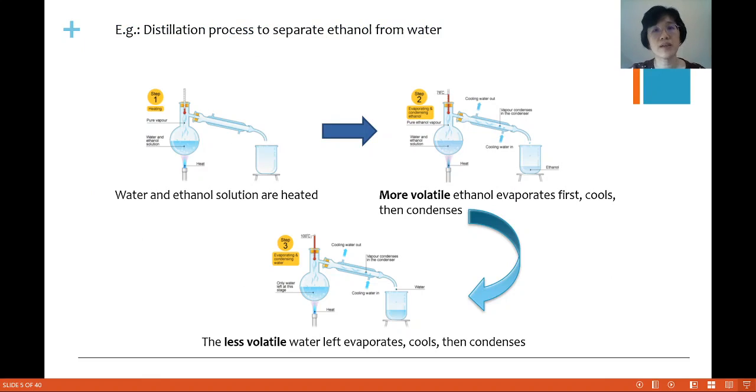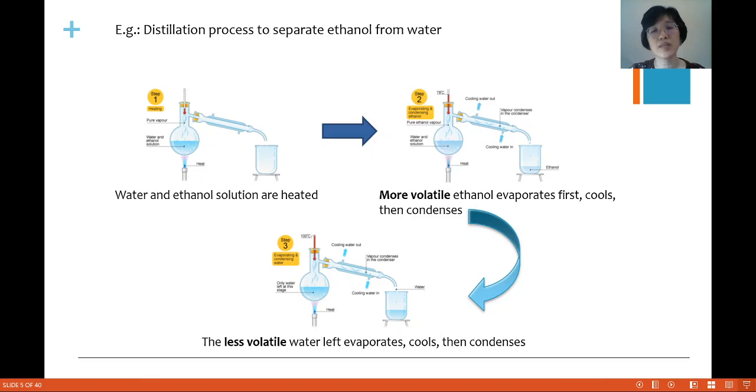This is a very simple setup to enable the distillation to happen. We have a mixture of water and ethanol, and we heat it up initially. When the temperature reaches 78 degrees C, the more volatile component, the ethanol, will start evaporating, and the vapor will then cool and condense through the condenser.